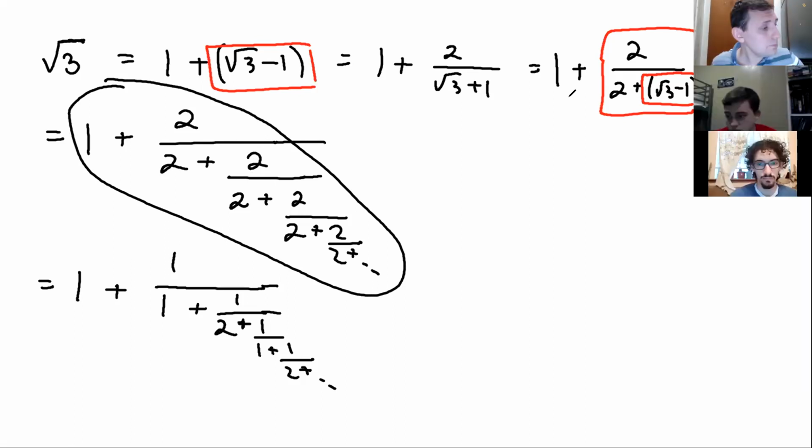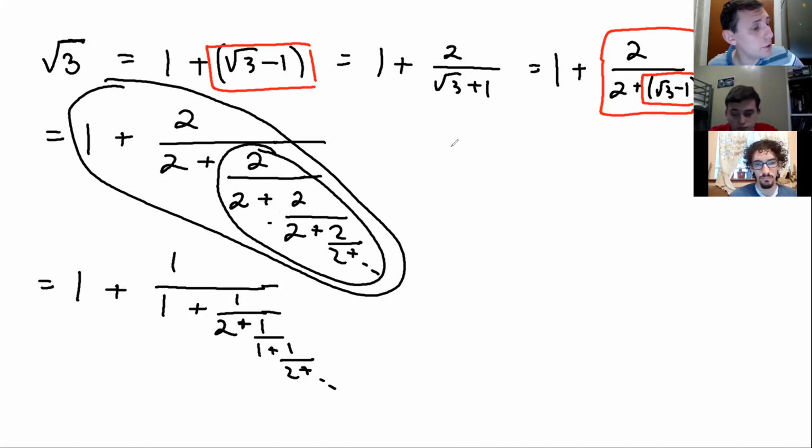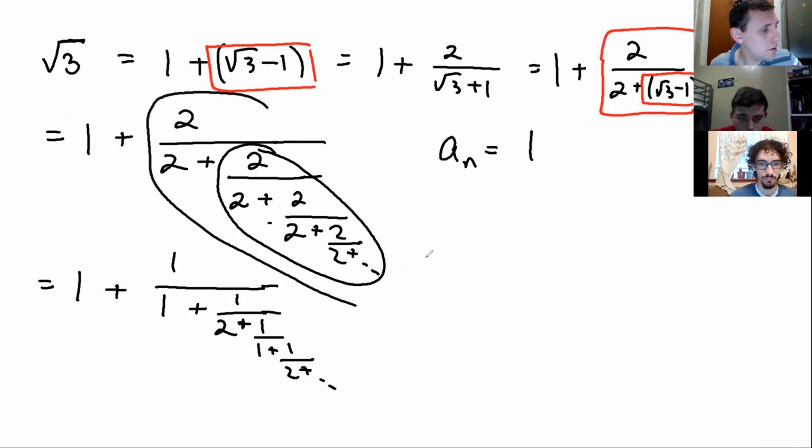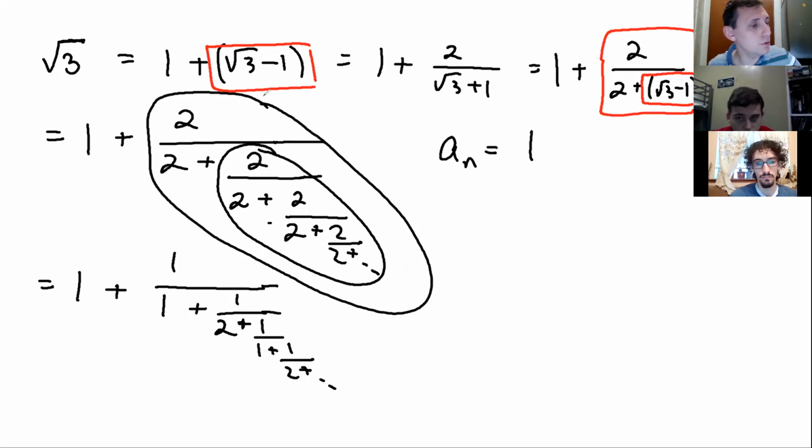Okay, so what you do is essentially, this is the formula. It's 2 over 2 plus something. The recursive formula is that a_n is equal to this part here, which is 2 divided by 2 plus the previous term.